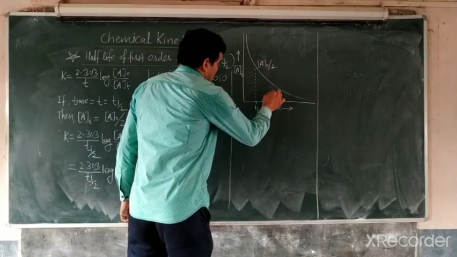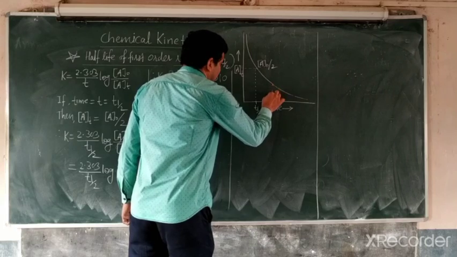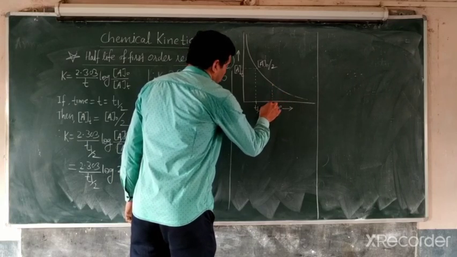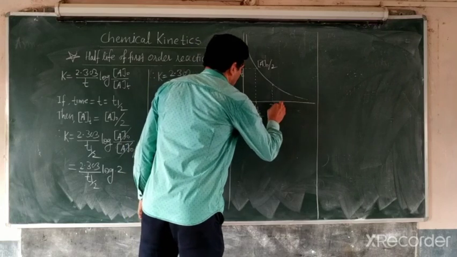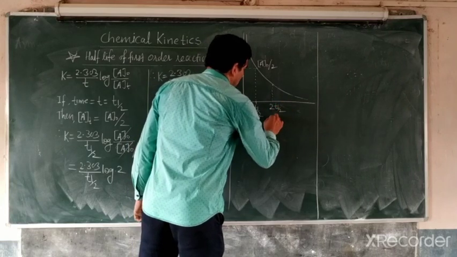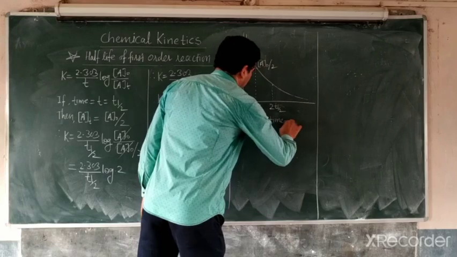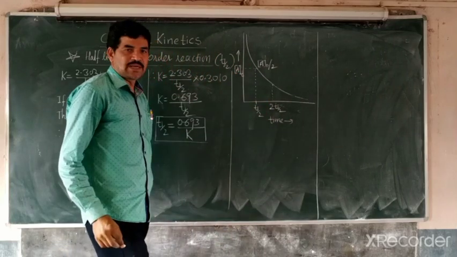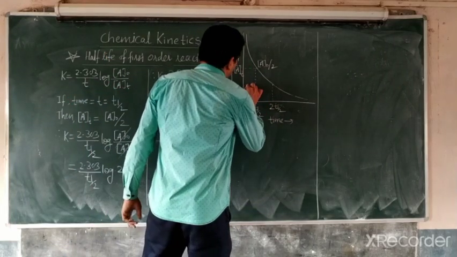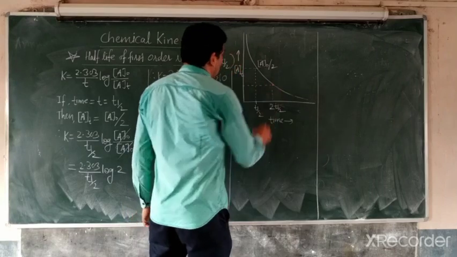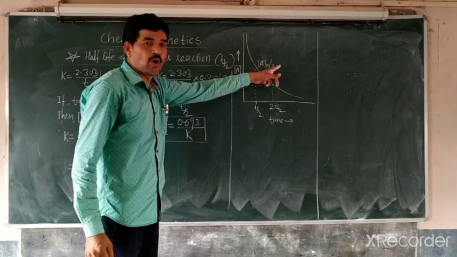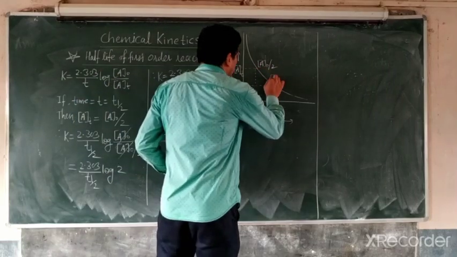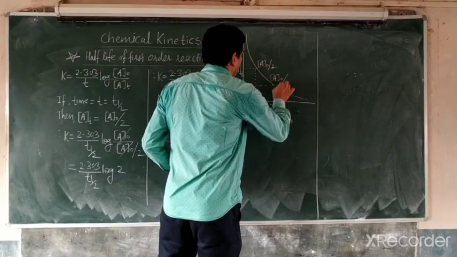At this particular time, if two half-lives are completed, second half-life is also completed, then the concentration of the reactant which remains behind will be again half of this concentration, A0 by 2 upon 2, that is it becomes A0 by 4.